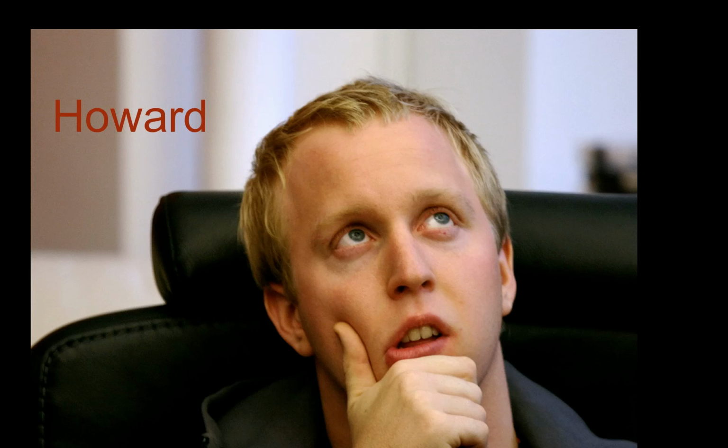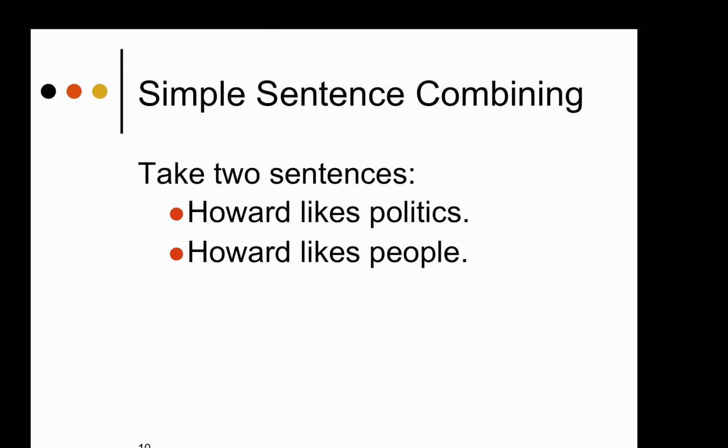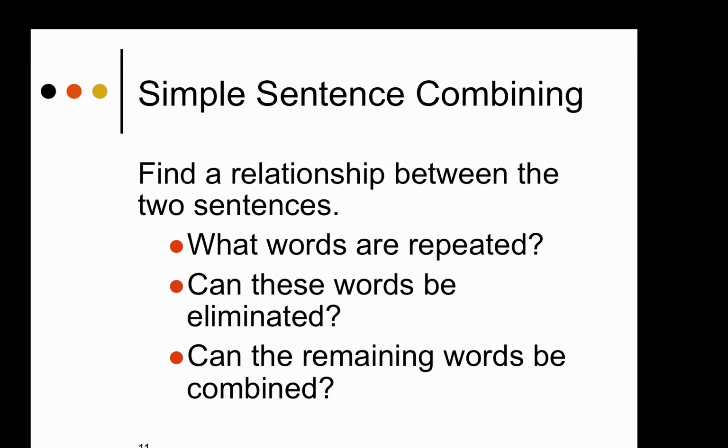So we're going to start by talking about Howard, and we're doing simple sentence combining. In this, we take two sentences, Howard likes politics and Howard likes people, or closely related sentences. We find a relationship between the two sentences by asking what words are repeated. Can these words be eliminated? Can the remaining words be combined?